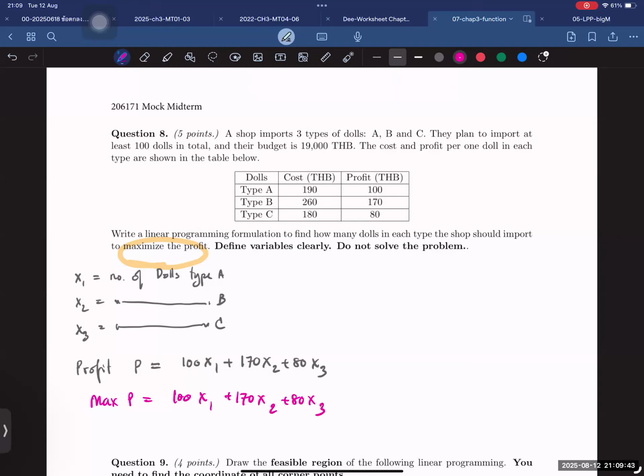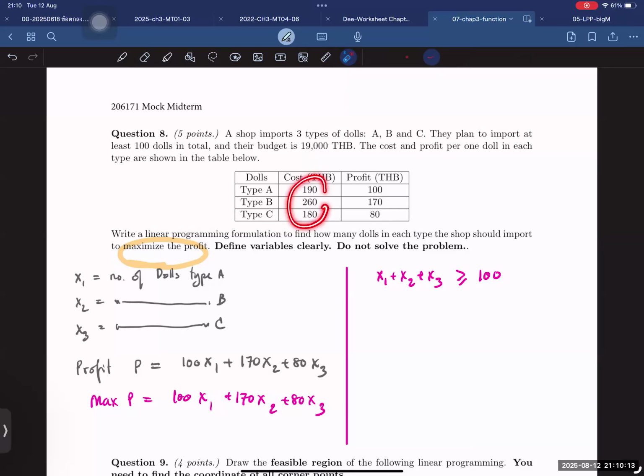Okay. How about the constraints? The constraint is that they want to import at least $100. So we got x1 plus x2 plus x3. This is how many dollars you're going to import, right? So it should be greater than or equal to 100. And the budget should be limited to 19,000.